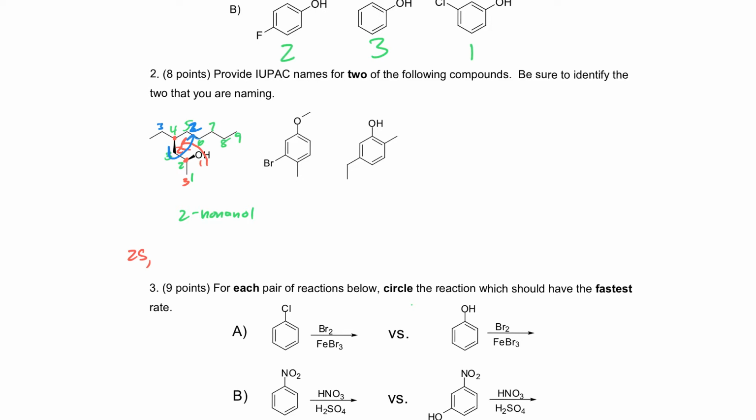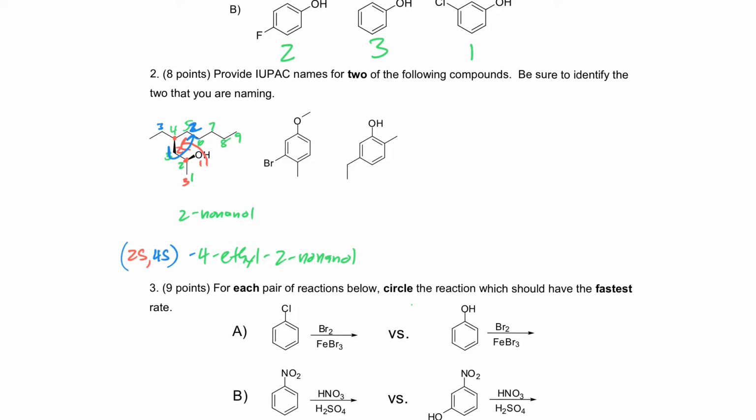And again, that is counterclockwise, so we also have S, so 4S. And then we can start writing our name here. We have 2-nonanol, and we have at the 4 position an ethyl. So we would have just 4-ethyl-2-nonanol. And of course you could write 4-ethylnonan-2-ol if you wanted to as well.